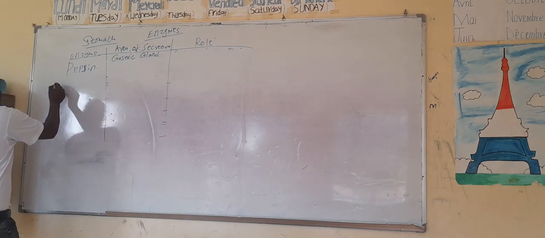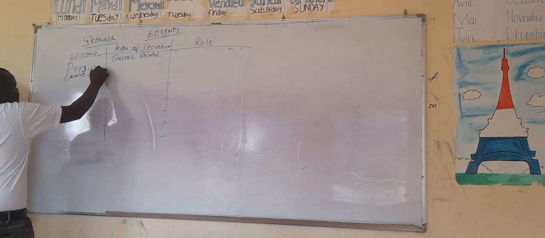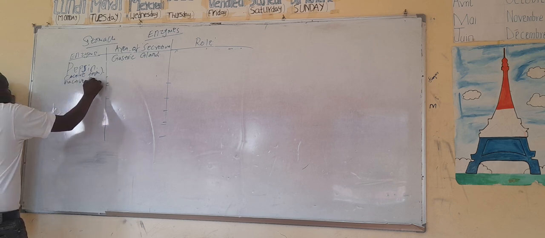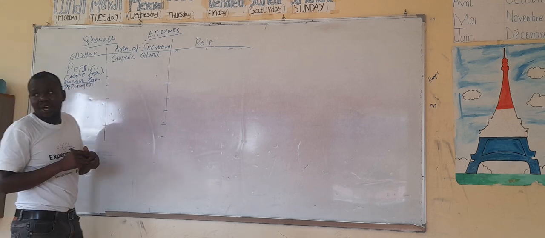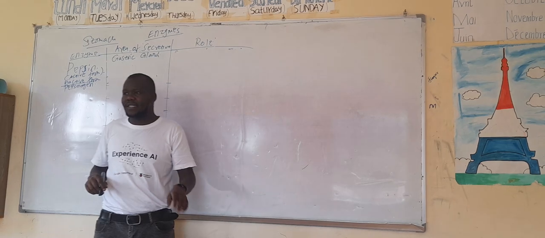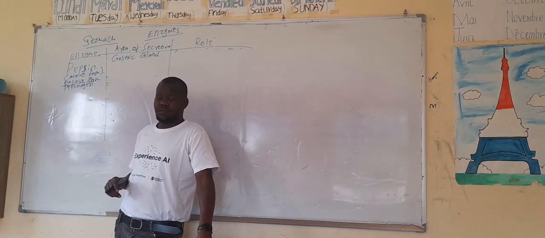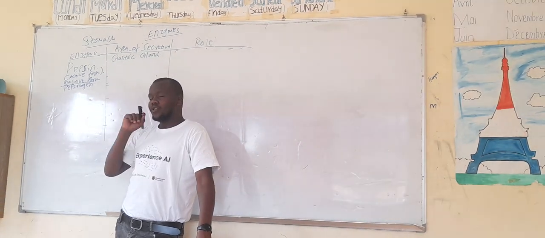Pepsinogen is the inactive form, and pepsin is the active form. This pepsinogen will be activated by hydrochloric acid to pepsin.